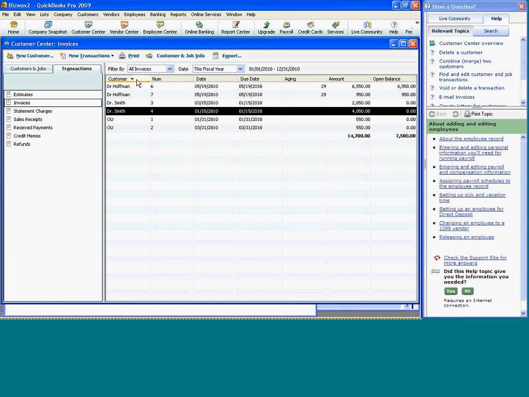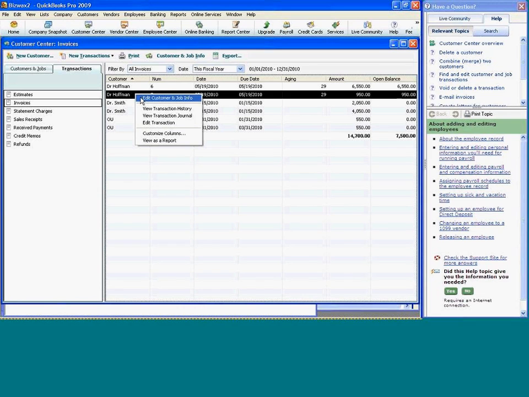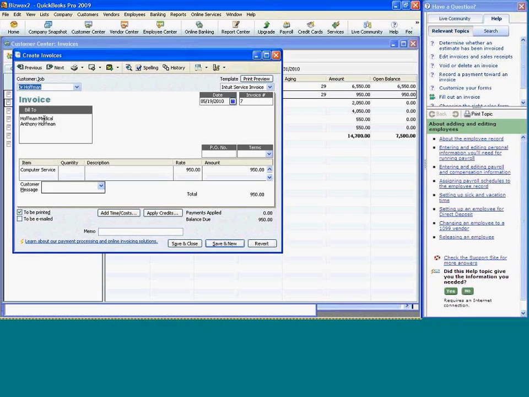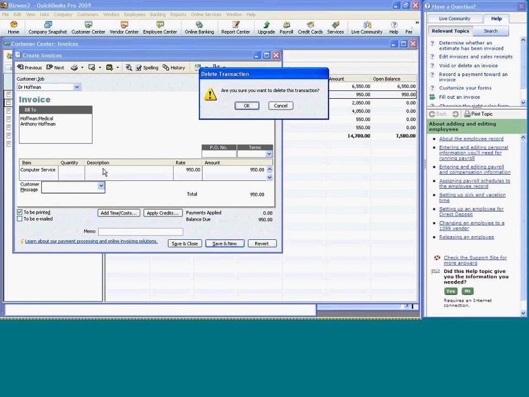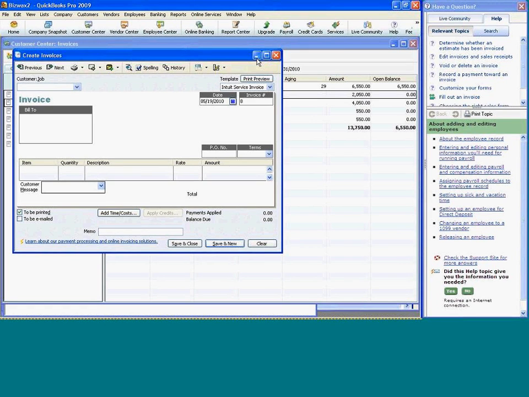And then, yeah, over here on the customer, on the create invoice, there is a thing to delete the invoice or to duplicate the invoice. So in this particular case, I'll say delete the invoice. Remember doing this once. Do you want to delete this transaction? Okay, it's deleted.